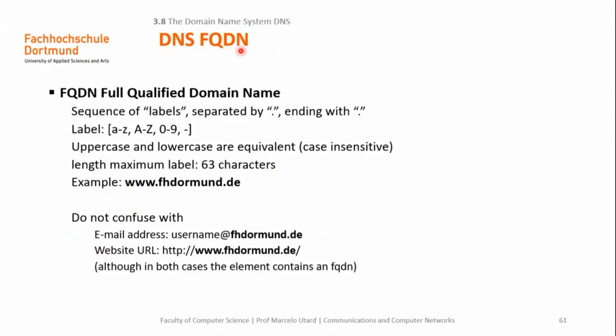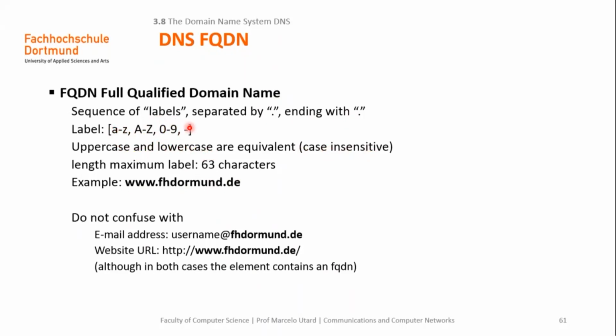Then the FQDN, the fully qualified domain name. In fact, for instance, this one is an FQDN. Remember, the ending dot is always specified in the protocol message. It is a sequence of labels separated by dots and ending with a dot. Each label could be formed by different letters in upper or lower case, which is in fact case insensitive, any number, and the dash character.